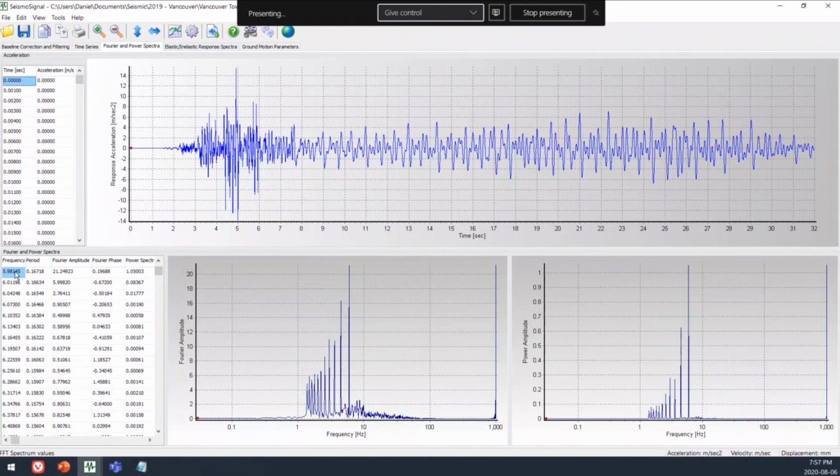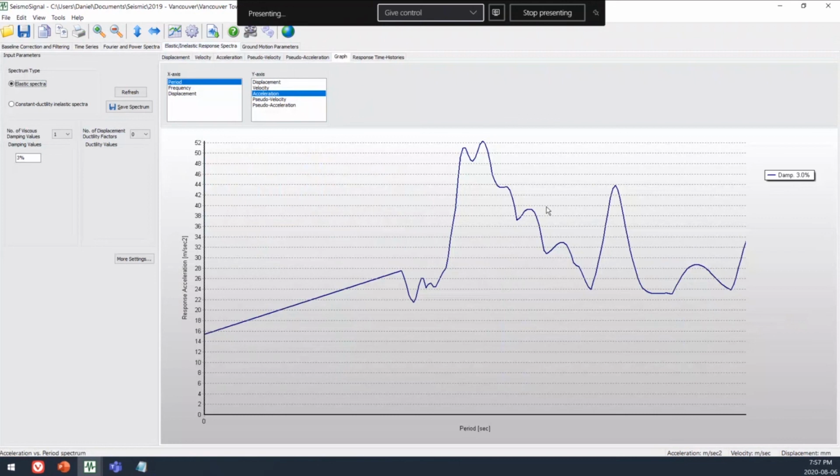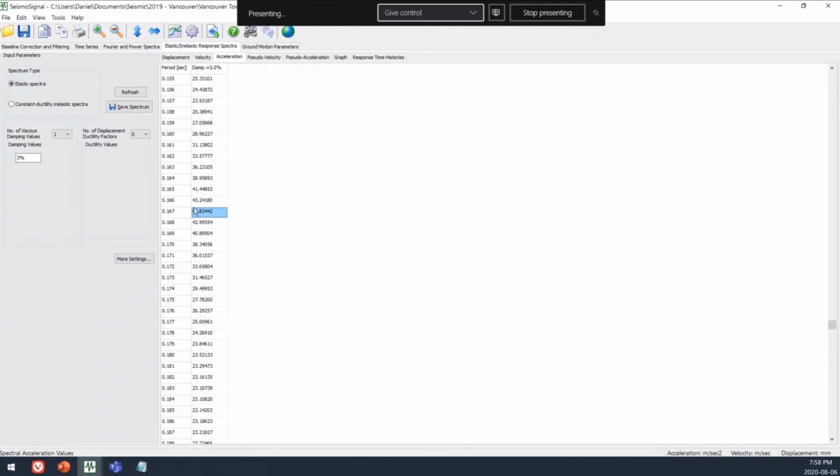So if we look at this peak, which happens at 0.167 seconds, and I've already generated this response spectrum, this peak is going to be occurring right at 0.167 seconds. That's, in the relative range, the highest acceleration that you're expecting. And same for displacement at 0.167 seconds. You can see it's at a relative high point in the graph.